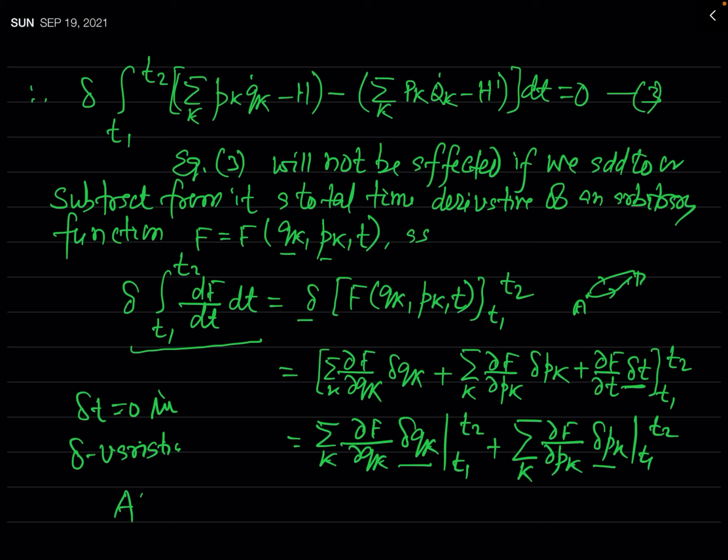So at the end points delta qk and delta pk are both equal to 0, and this whole result is equal to 0.